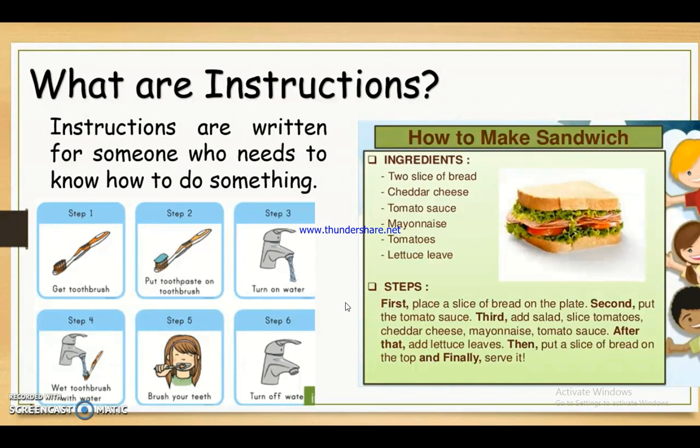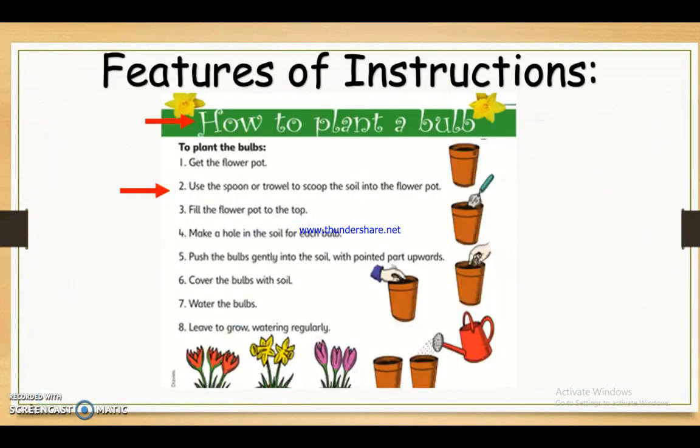Okay? So we need a title, we need ingredients, we need the instructions, the steps, and we need time connectors. This is how to write instructions.